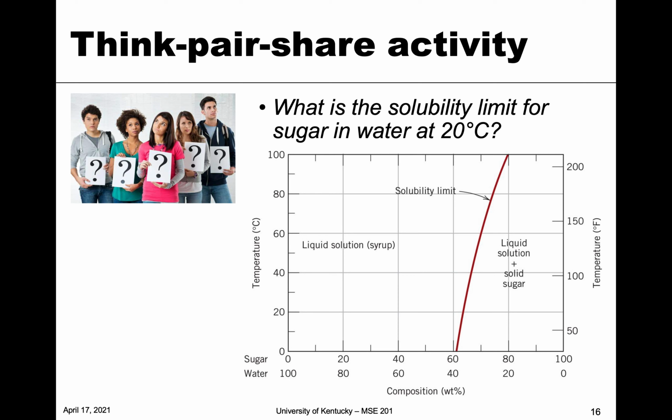All right. So we're looking for the solubility limit of sugar in water at 20 degrees. So again, the red curve in this case is the solubility limit. And so we basically need to find 20 degrees and then match where the solubility limit is. And so that is right around here.